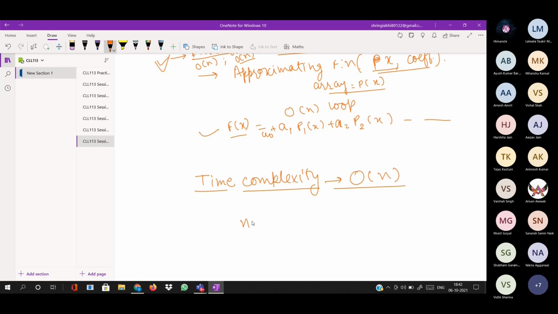So moving from n cube, we move to n square, then we move to n. That's how we are moving towards a more efficient method for doing the same thing. It is just assuming the polynomials.